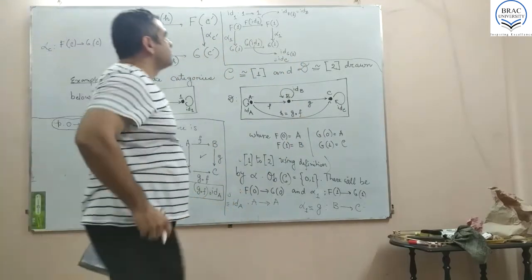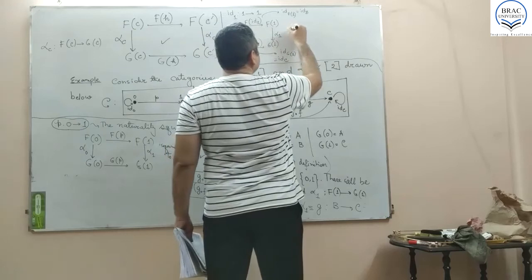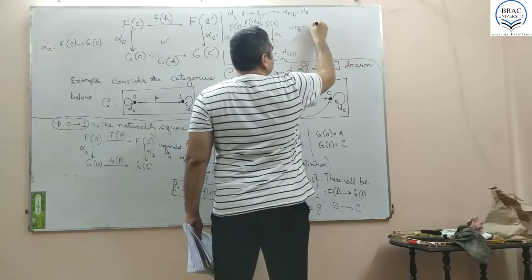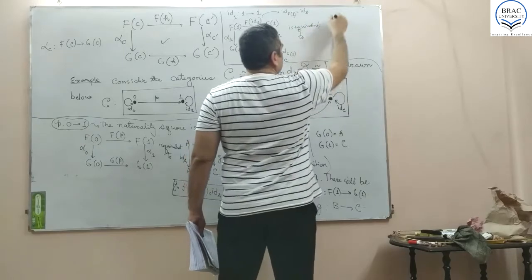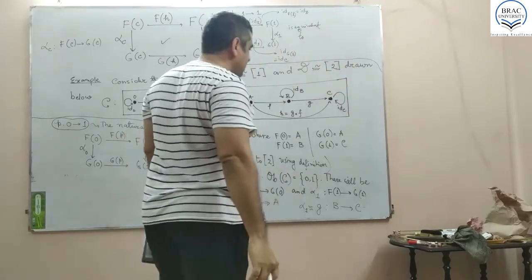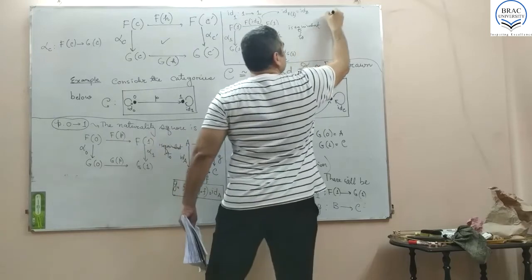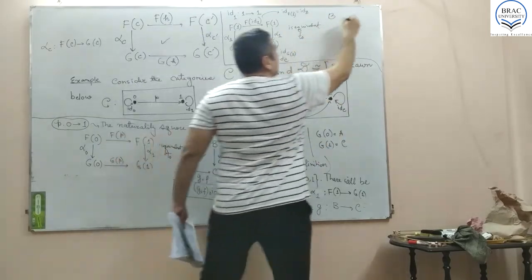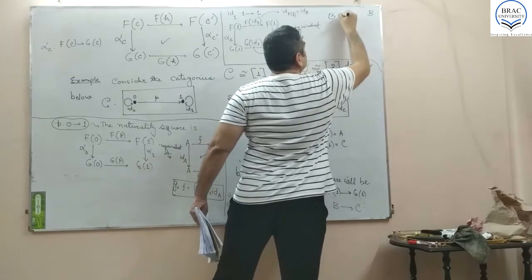So this diagram is equivalent to the diagram that I am going to draw now. F of 1 is B, and it's a map from B to itself.